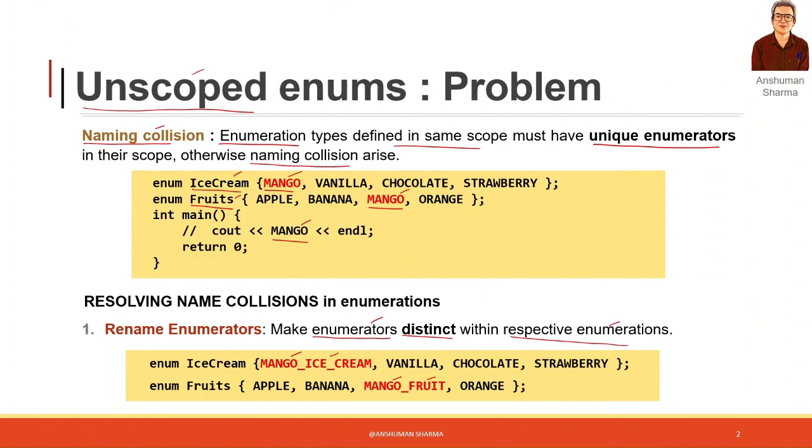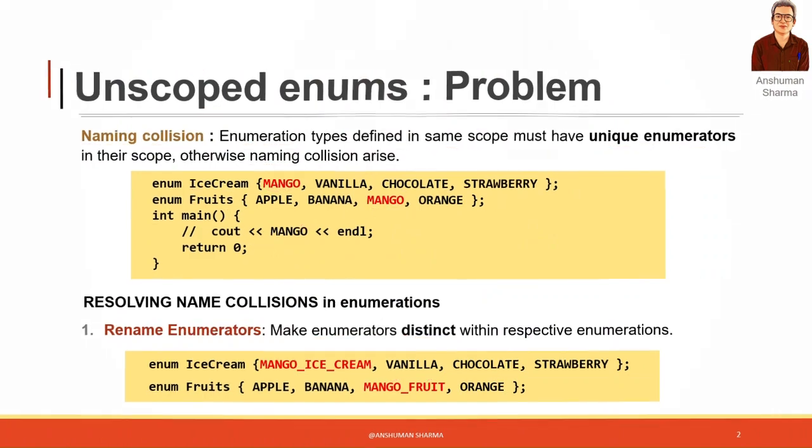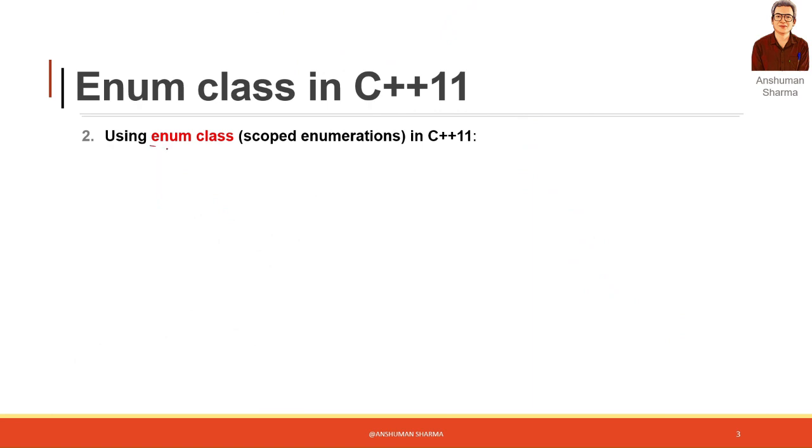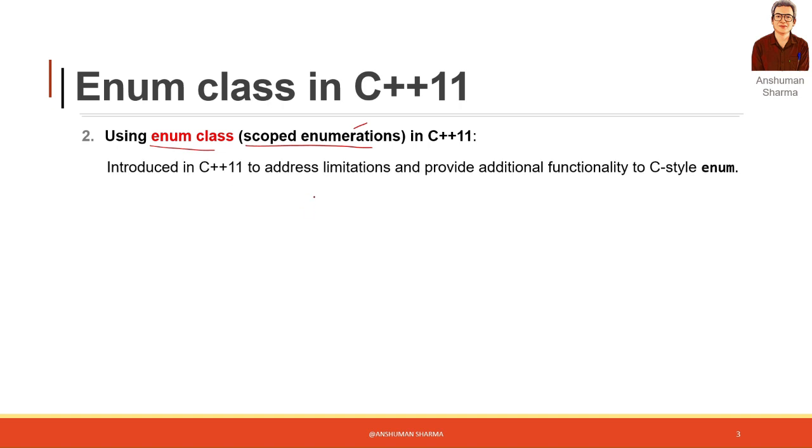So to overcome this problem, the C++ developers introduced enum class, better known as scoped enumerations, with C++11. It was basically used to address the limitations and provide some additional functionality to the C style enum used for creating user-defined types. It had many features in addition to overcoming the naming collision problem.